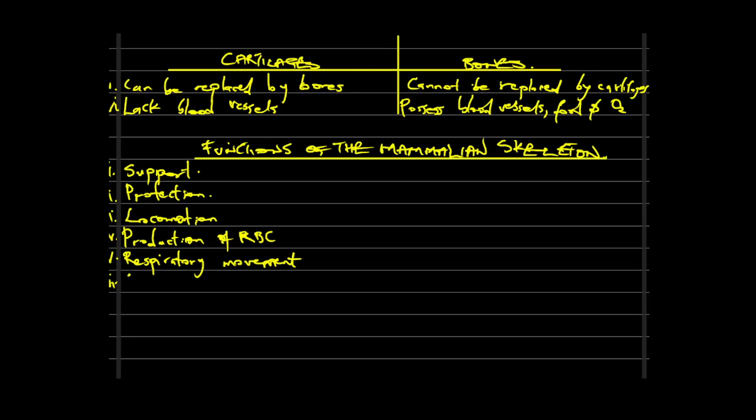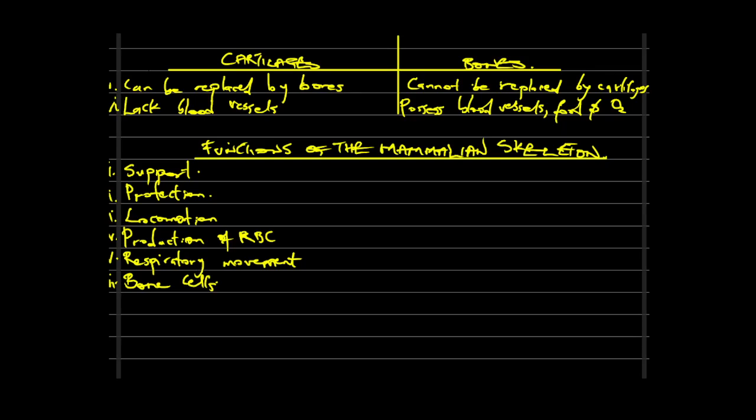So these bone cells are responsible for producing the hormone called osteocalcin, and what osteocalcin does is to regulate blood glucose and fat deposits.